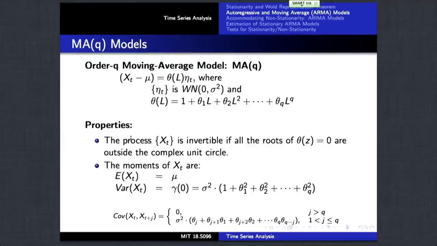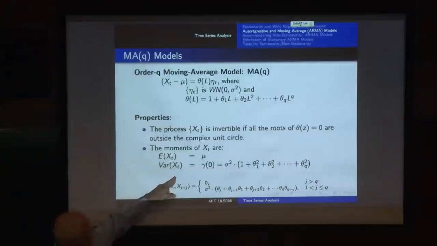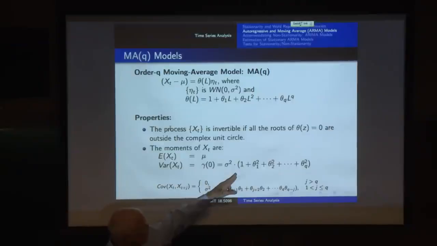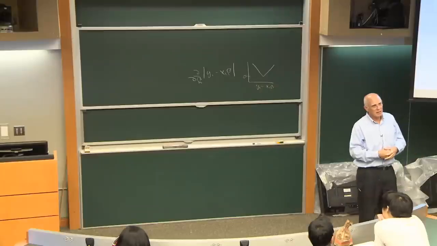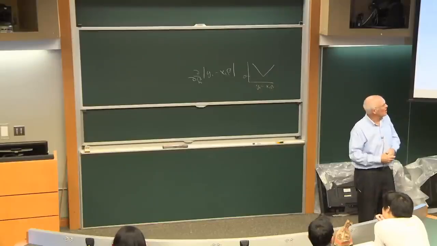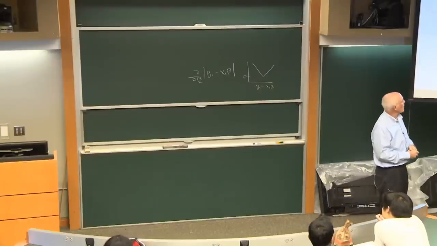And if you write out the expectation of xt, you get mu. The variance of xt, which is gamma naught, is sigma squared times 1 plus the squares of the coefficients in the polynomial. And this property here is due to the fact that we have uncorrelated innovations in the eta t's. The eta t's are white noise.